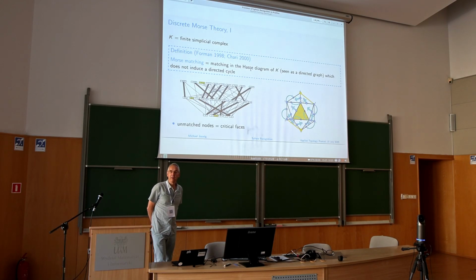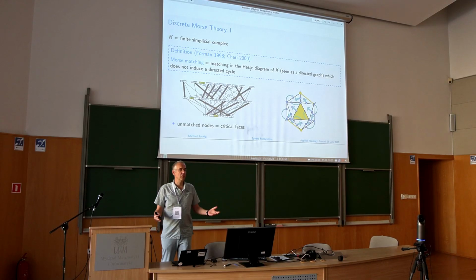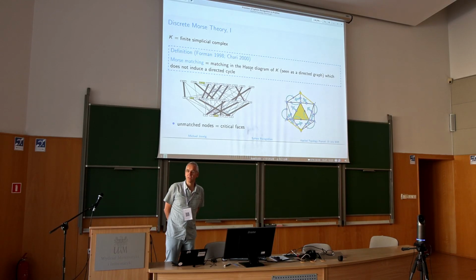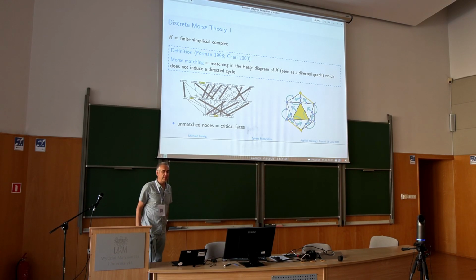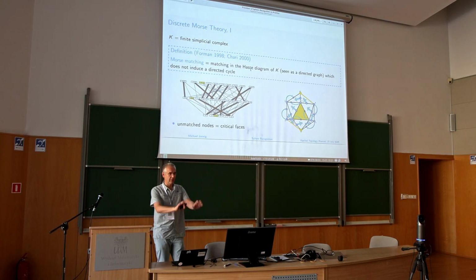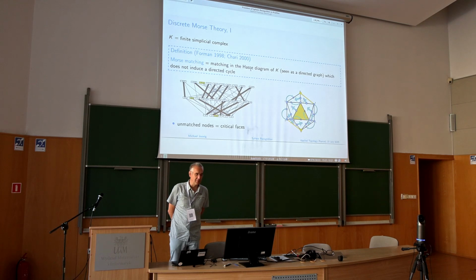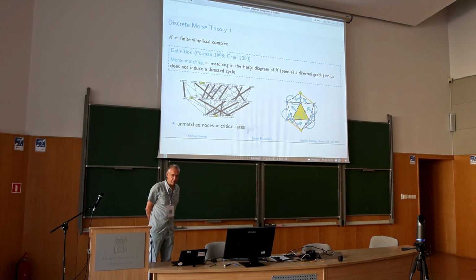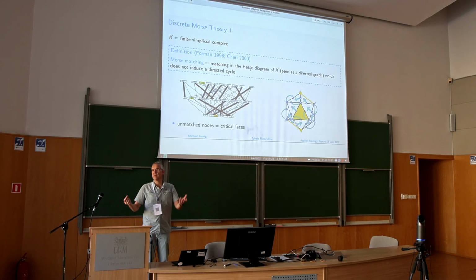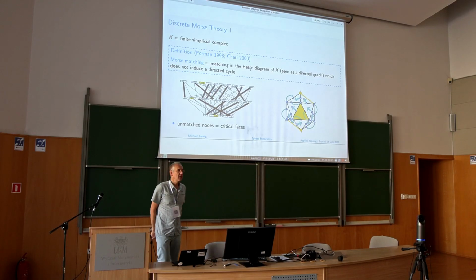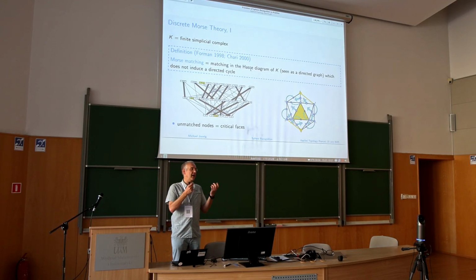So I think most of you are familiar with the discrete Morse theory. Let me remind you nonetheless of the basic setting, leaving the bulk of this to Bruno. In the version that I want to look at here, it works as follows. Suppose you have a simplicial complex, K, and then you look at the Hasse diagram of the face poset.